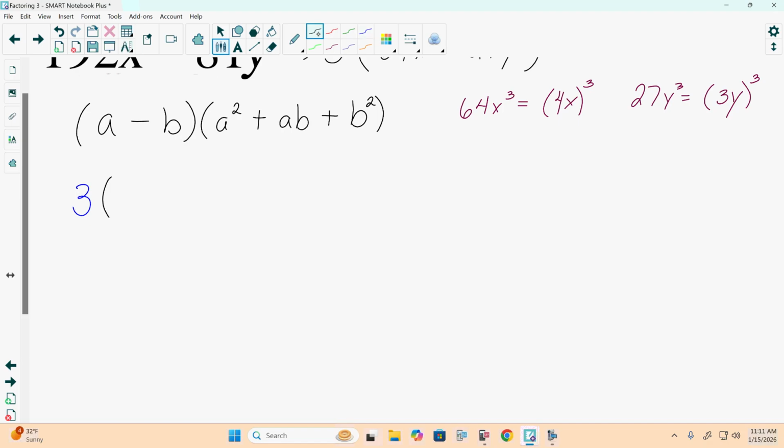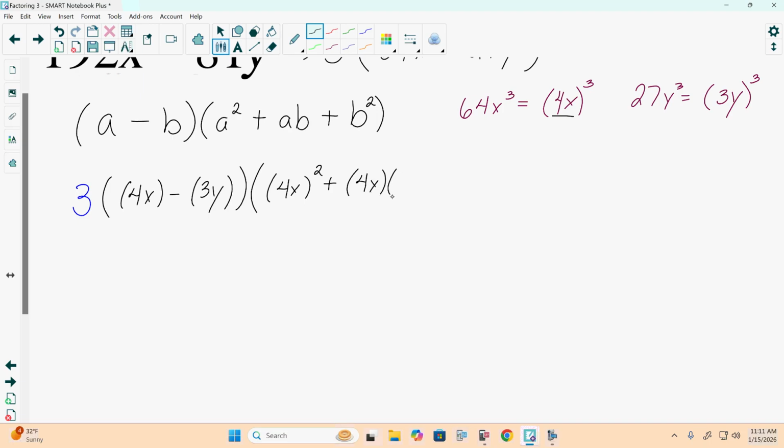Now our a term in our case is 4x minus our b term, which is 3y. First spot in the bigger one is a squared, and our a value is 4x. So it would be 4x squared. Plus, in the middle, we have a times b.